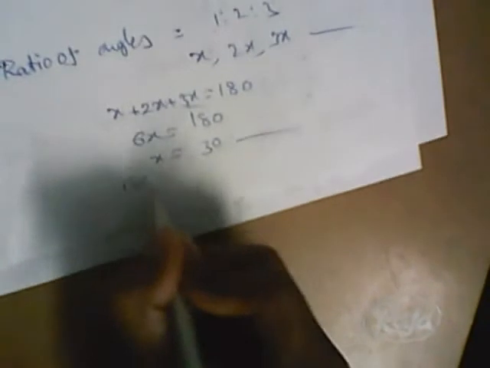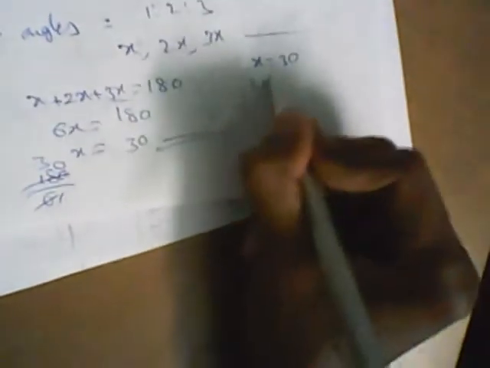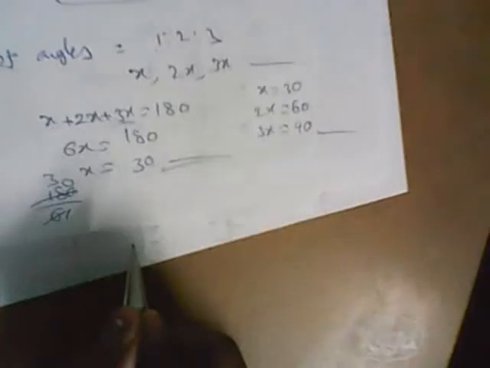That means x equals 30 degrees. It is nothing but 180 by 6. 6 times 3 is 18, so 30 degrees. Now x is 30 degrees, 2x is 60 degrees, 3x is 90 degrees. This is a right angle triangle. Most probably this type of question will arise in the concept of triangles.